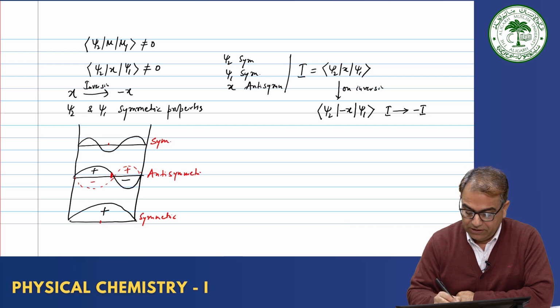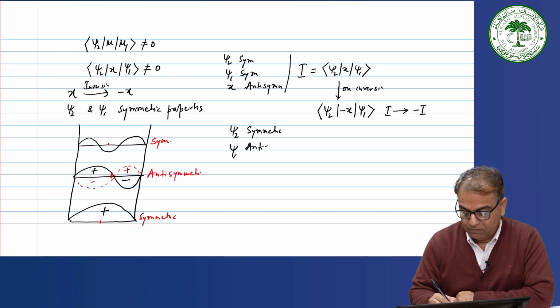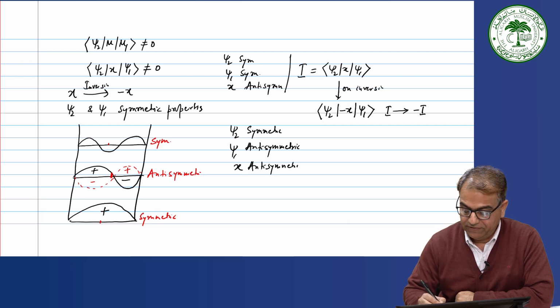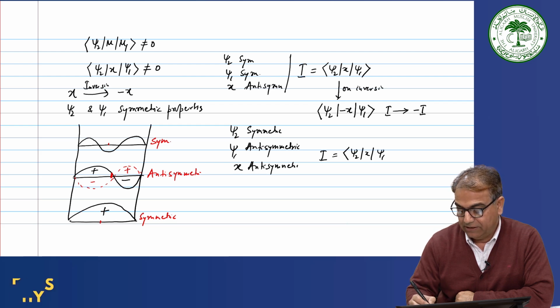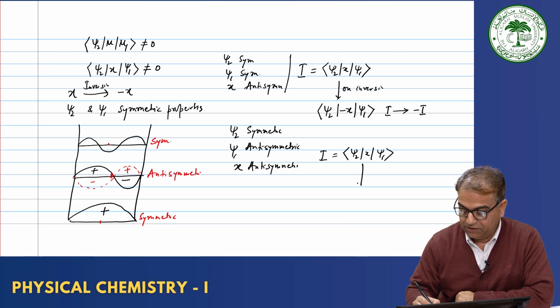Okay. So now you see the second condition, psi 2 is symmetric, psi 1 is antisymmetric, and x is always antisymmetric. So what will happen to the integrand? Psi 2 is symmetric. So first write this one and then see what about after inversion.